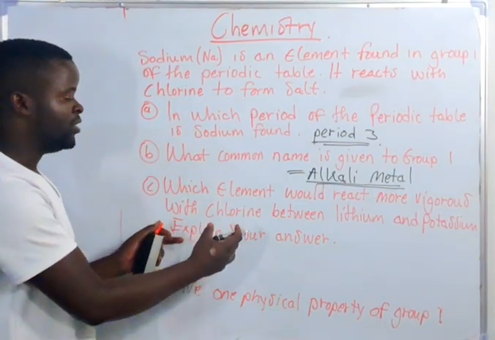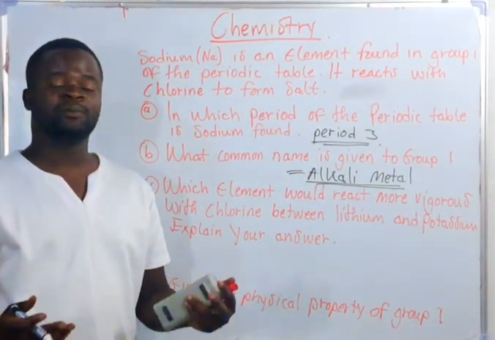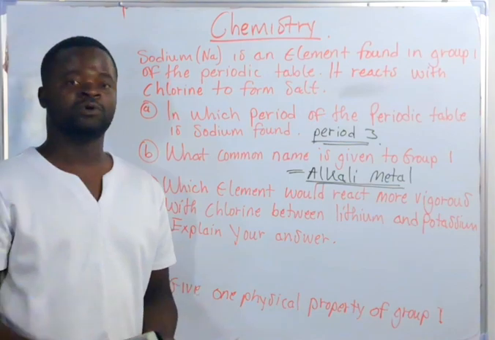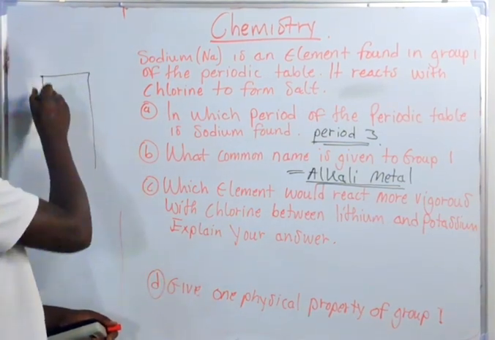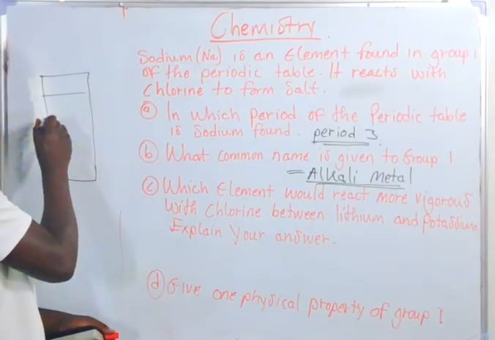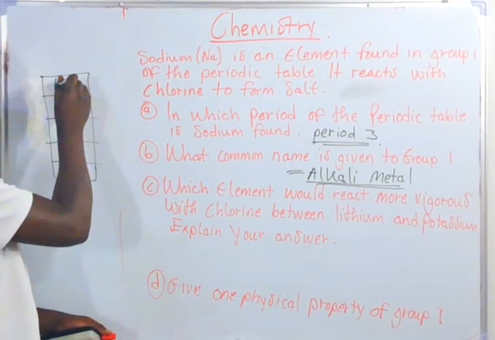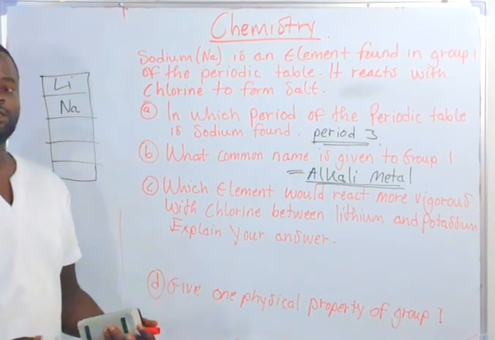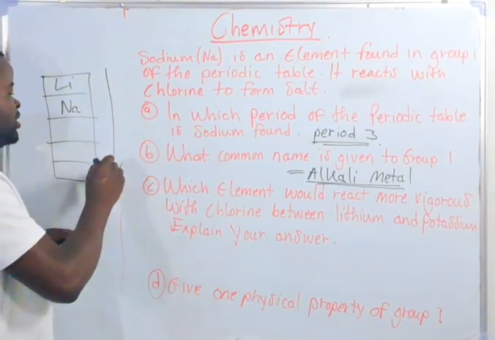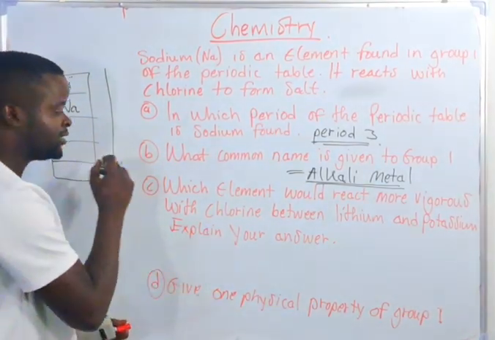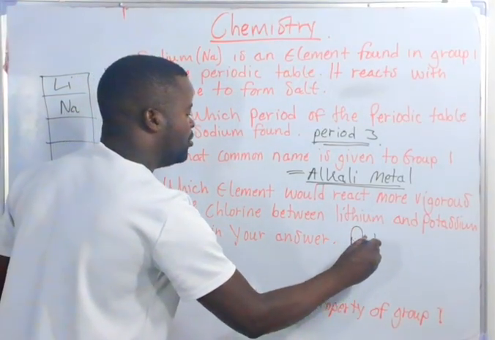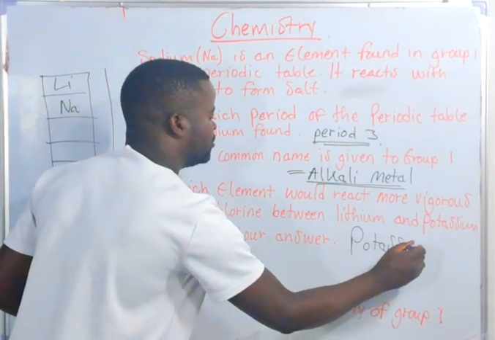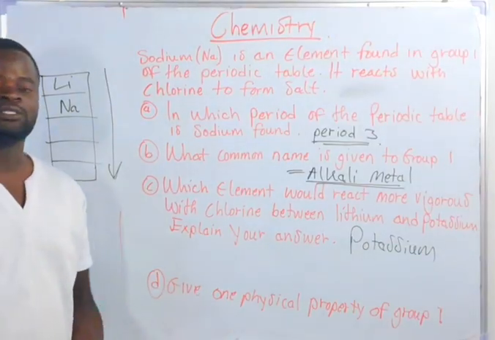According to the reactivity trend, the reactivity of all group 1 elements increases as you go down the group. Lithium is first in group 1, followed by sodium. So potassium is the one which is going to react more vigorously.